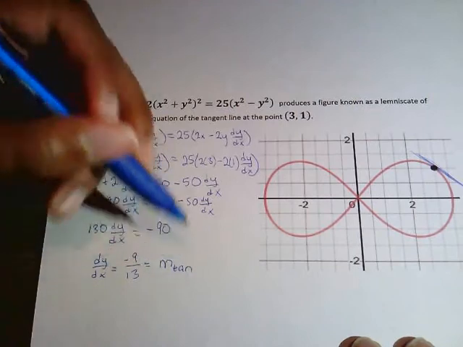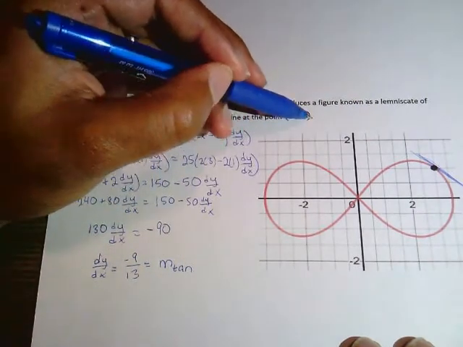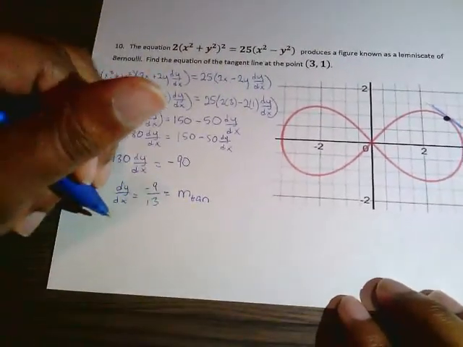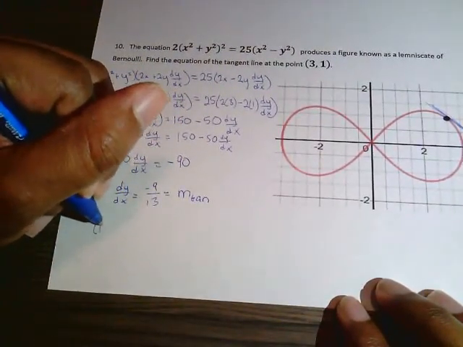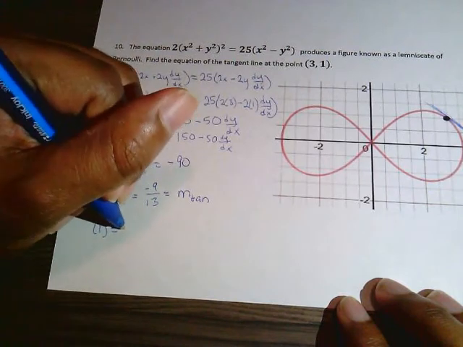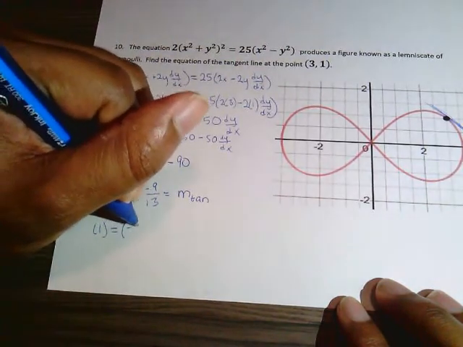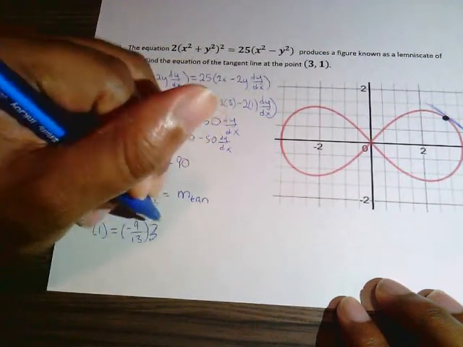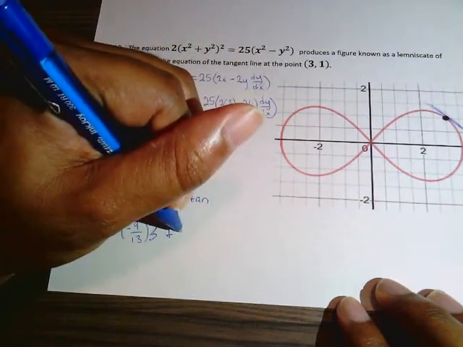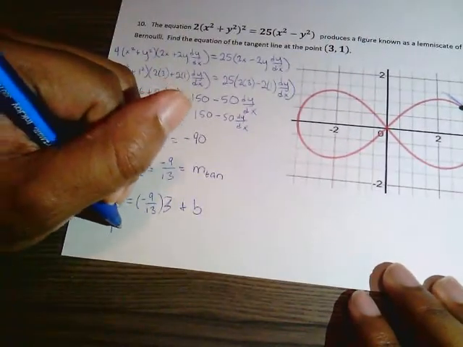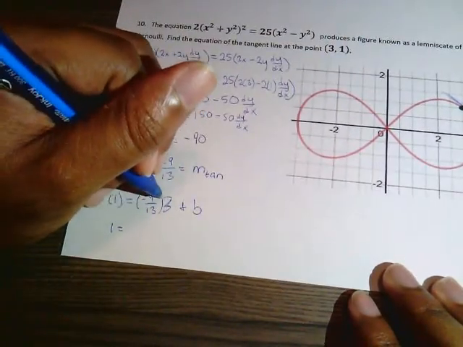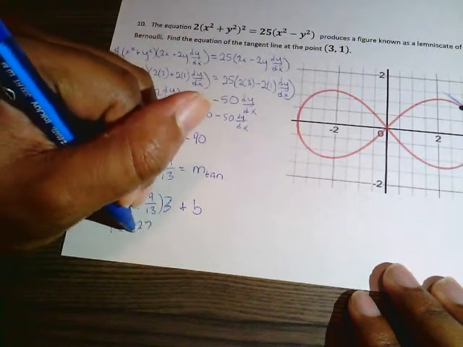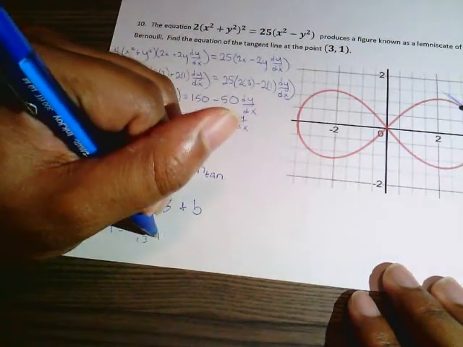So now we have the slope, we have x, and we have y. Now all we need to figure out is b, so we can write it into our equation. So y equals mx plus b, and x is 3. So we have 1 equals negative 9 times 3, which is negative 27 over 13, plus b.